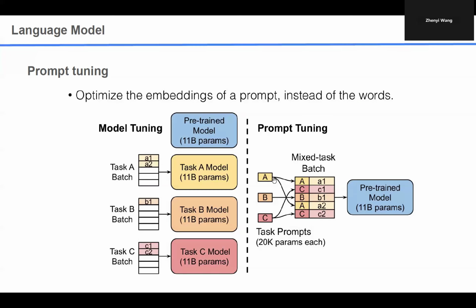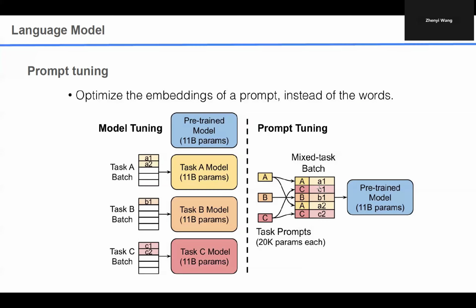For example, suppose we have three tasks A, B, C, and we also have some number of labeled examples associated with each task. Then we append a small prompt associated with each task, and we only fine-tune the prompt parameters itself.